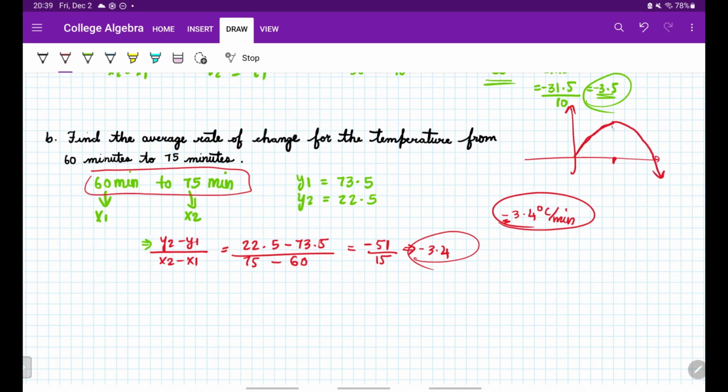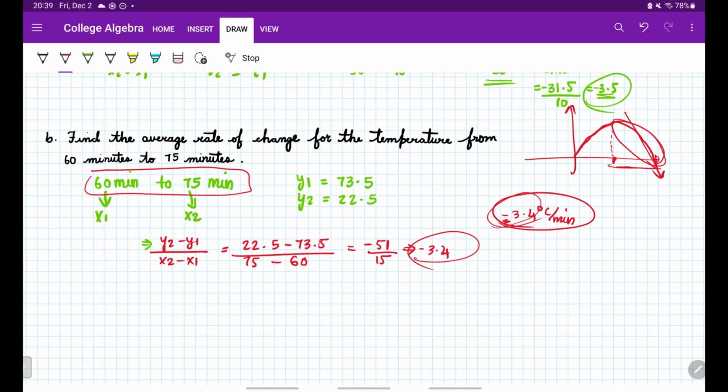The temperature is going down once you bring it out of the oven. So your slope is negative, because it's pointing downwards. It essentially just means that it's cooling down.